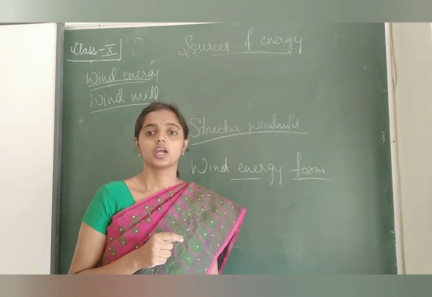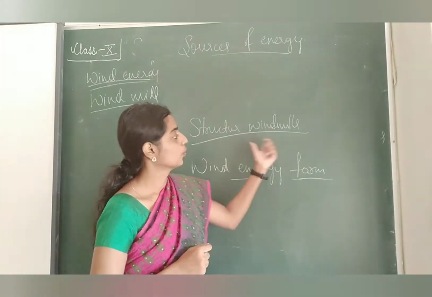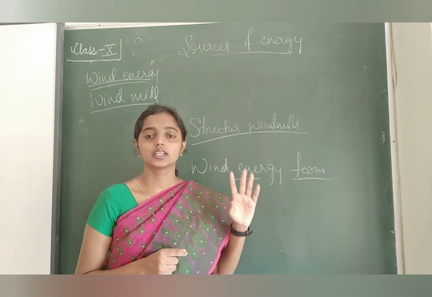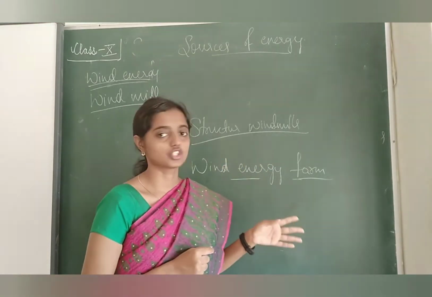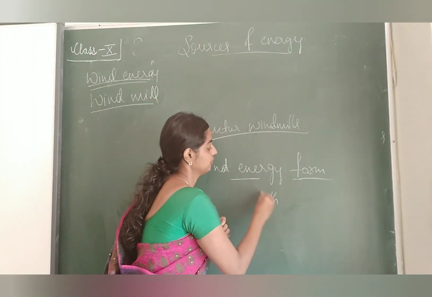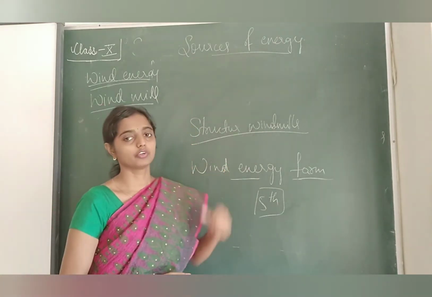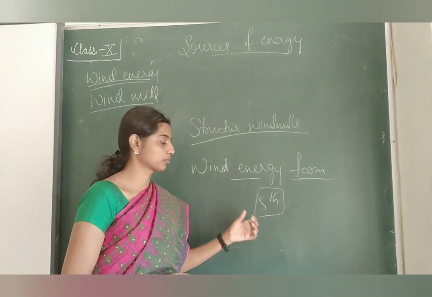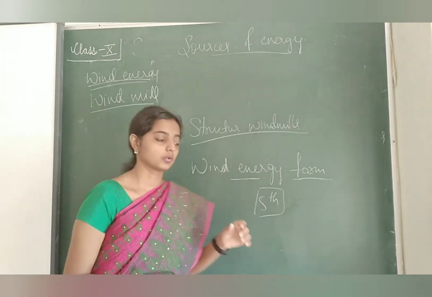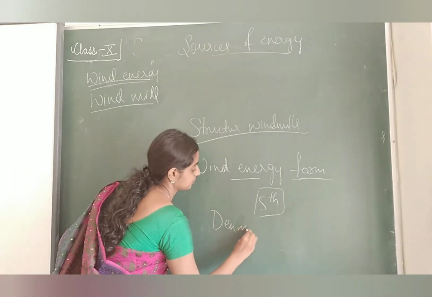When it comes to the overall output from the windmills, Germany takes first position and India is in 5th rank when it comes to production of electricity from windmills. So the first place is Germany and the 5th place is India. And one more, you have heard about Denmark, right?